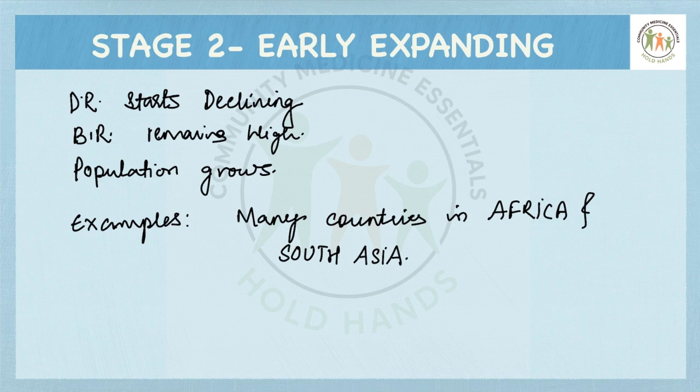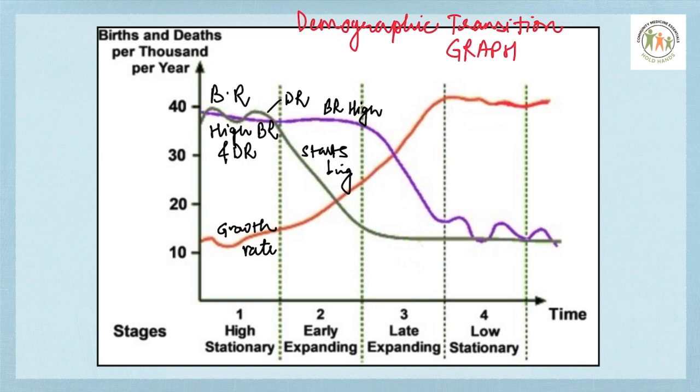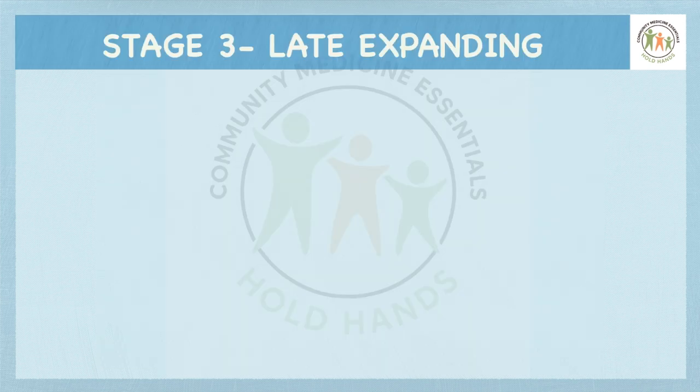Then stage 3 is late expanding stage. In stage 3, death rate continues to decline. Death rate decreases further. And birth rate starts declining.